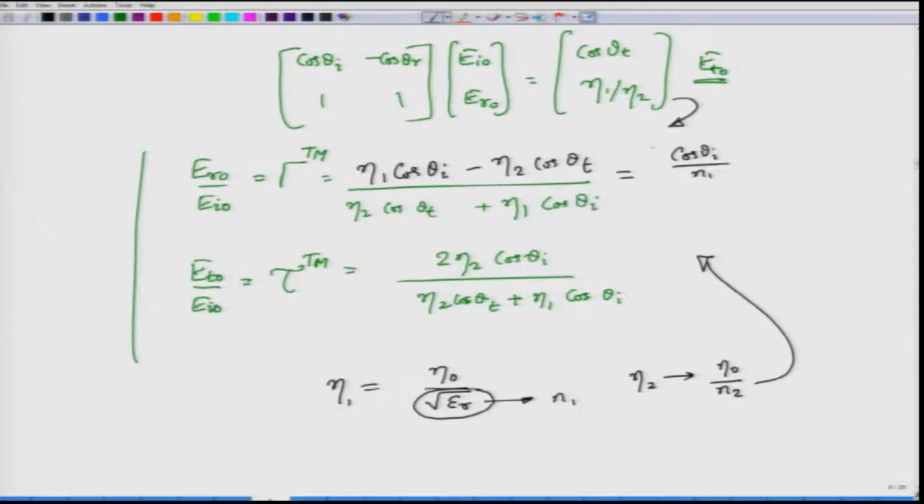Okay. So, I am not writing eta 0 everywhere. If you wish to be a little more mathematically correct and you want to show the intermediate step, then you can include this eta 0 for every term, but you know of course that when you include it for every term, that term can be dropped because it simply cancels out.